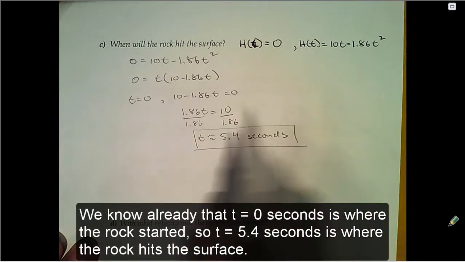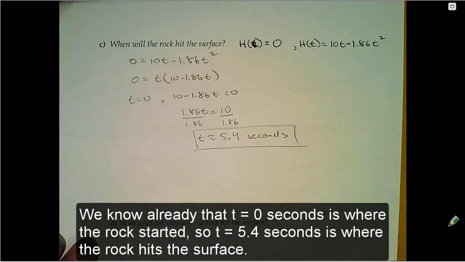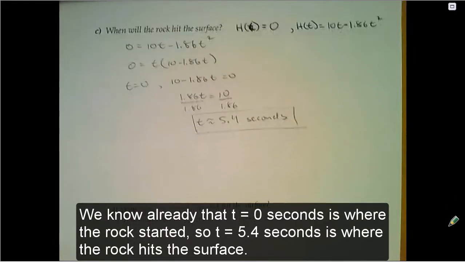We know already that t equals 0 seconds is where the rock started, so t equals 5.4 seconds is where the rock hits the surface.